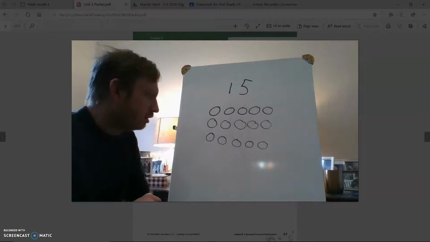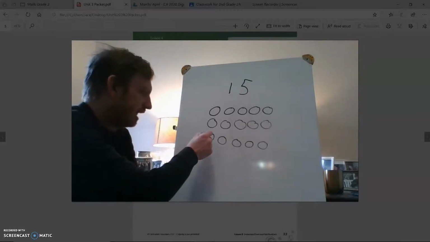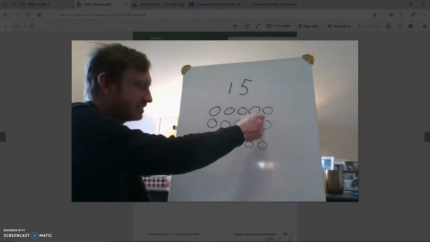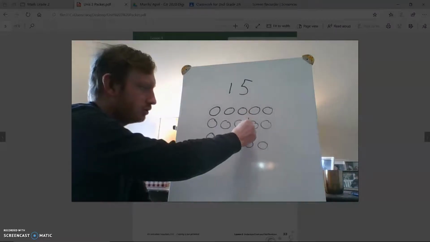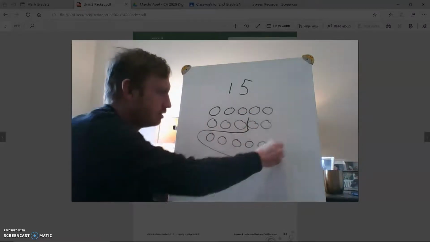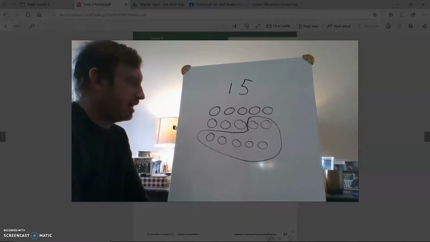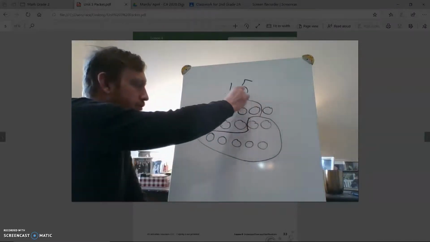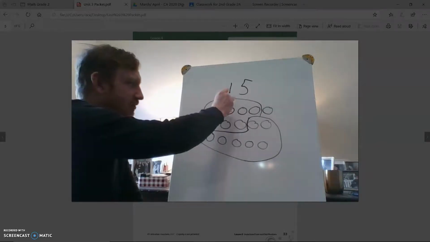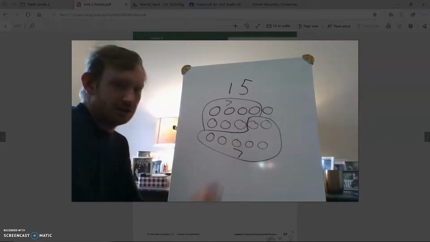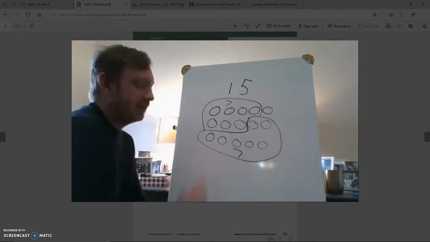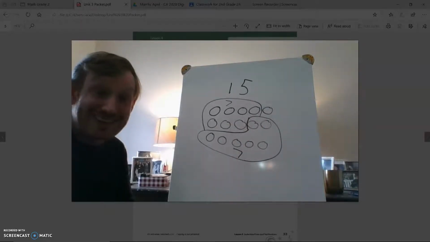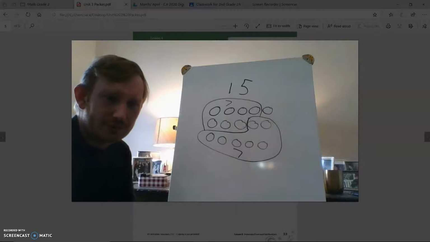So what we'll do here is we'll count 1, 2, 3, 4, 5, 6, 7. We'll circle that. And then 1, 2, 3, 4, 5, 6, 7. We'll circle that. There's 7 in here. There's 7 in here. And there's 1 left over. So again, this would show us that it's an odd number.